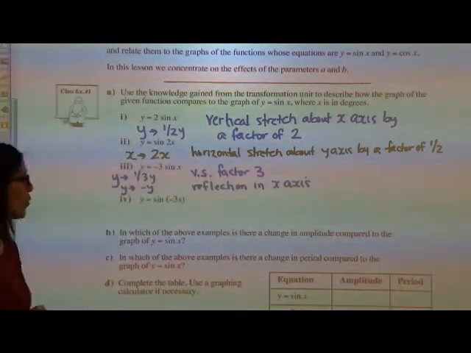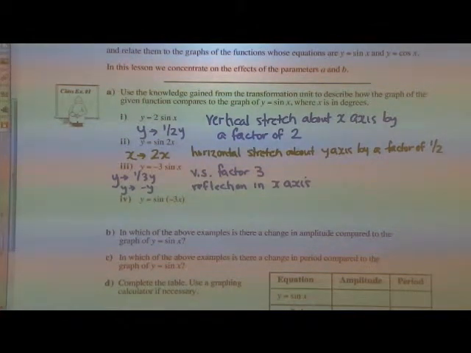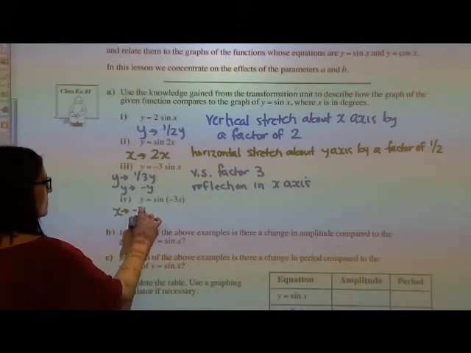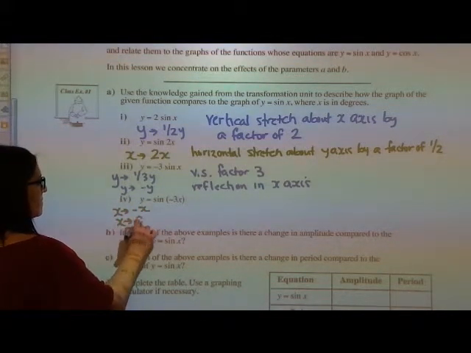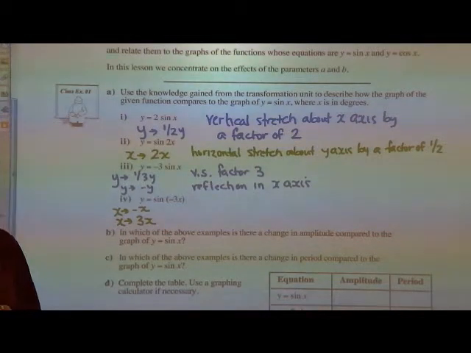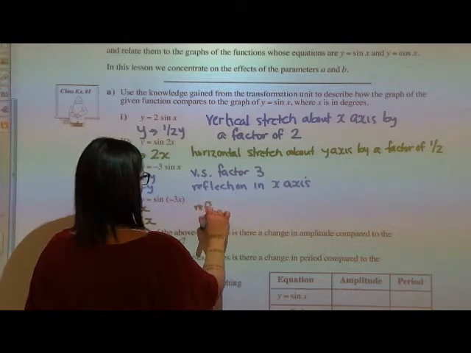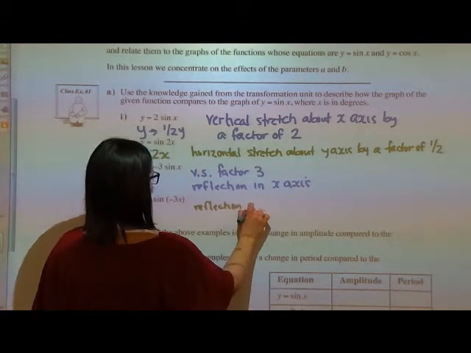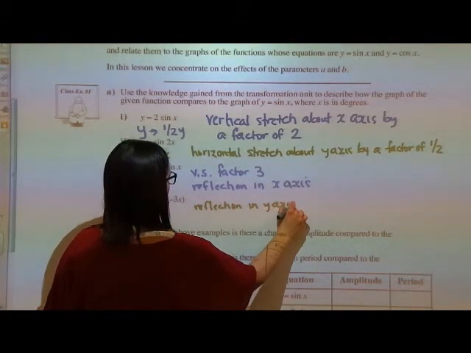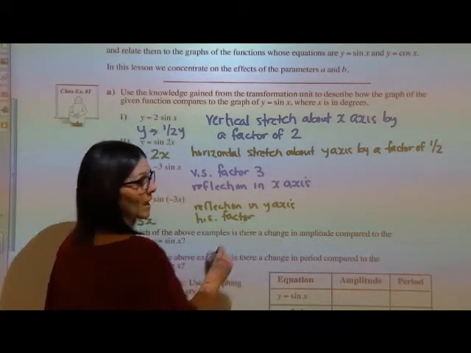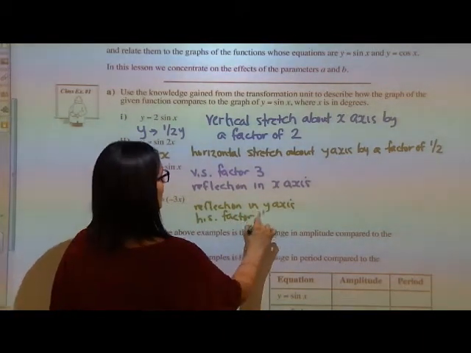And finally with 4, what's my replacement? And what does that do to the graph? What's the factor? 1/3.